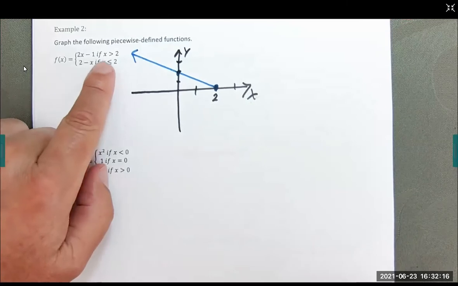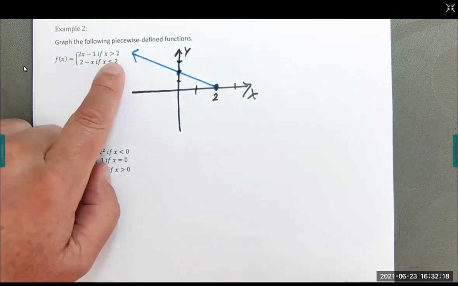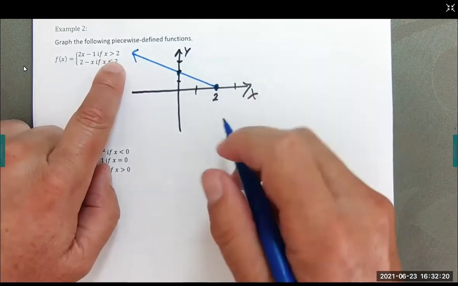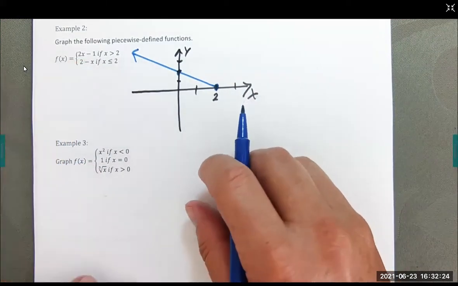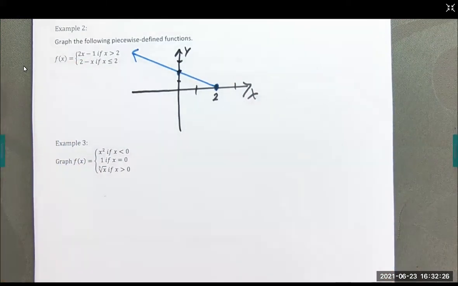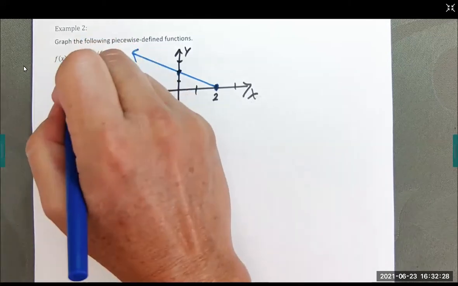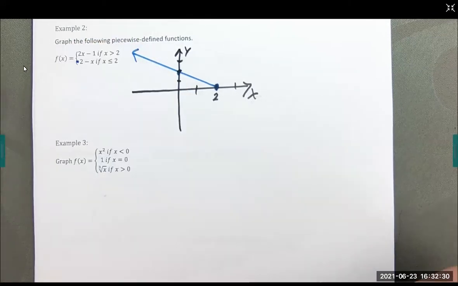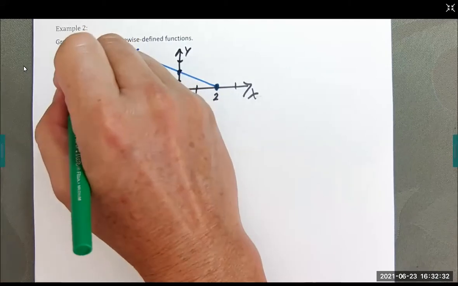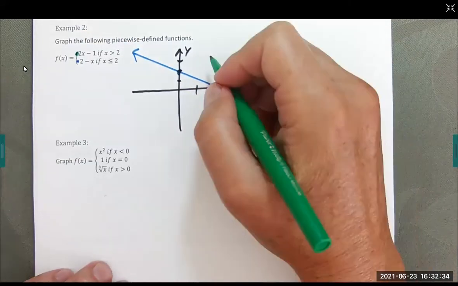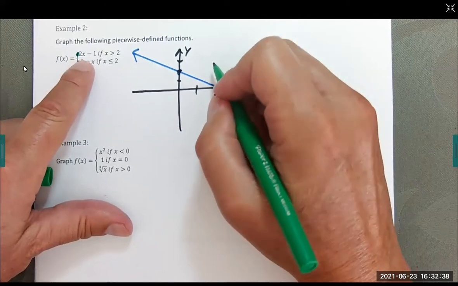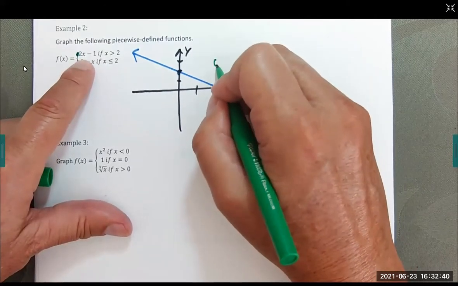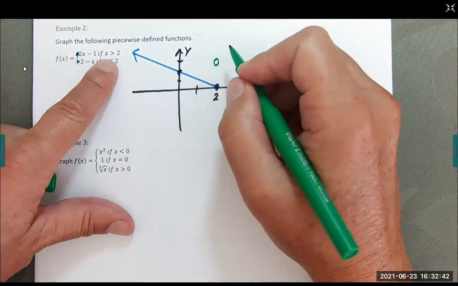Now, if we're after 2, we're not going to include 2. What I'm going to do is put 2 in there. 2 times 2 is 4, minus 1 is 3. So I'm actually going to start this graph. This is the green graph. So again, when x equals 2, 2 times 2 is 4, 4 minus 1 is 3. So I'm up here at 3, and it's going to be an open circle because 2 is not included there.